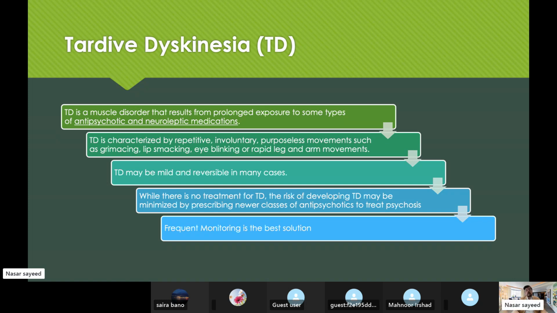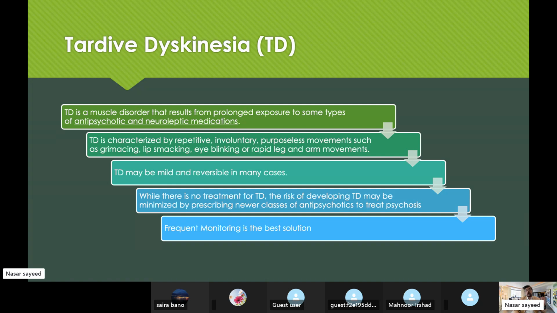The antipsychotic was prescribed by a psychiatrist who left the country, Canada, of course. He was very much stable as far as his symptoms were concerned. They continued the medication. And after 2 years, they came back with some abnormal jaw movements, continuous abnormal jaw movements.